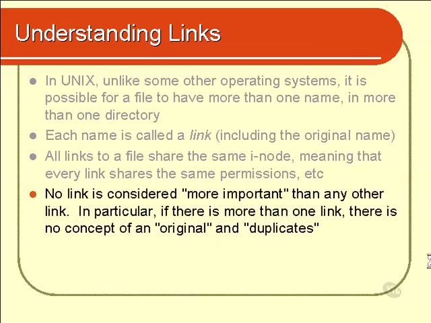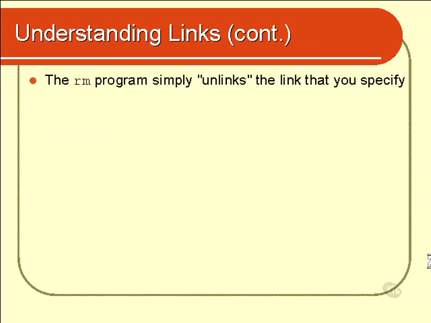Anyway, let's see how we go about creating and displaying links. Before we do that, it's very important to understand that when you're using the rm program, remember you think of the rm program as the program that deletes files? If you are deleting a file and there are multiple links to that file, and you try and delete one of the links, all that will happen is that name, that reference to the file, will be deleted, and all other references to the file, all other links, will remain intact.